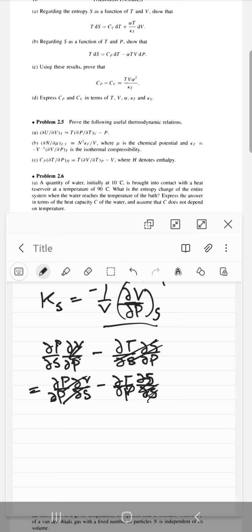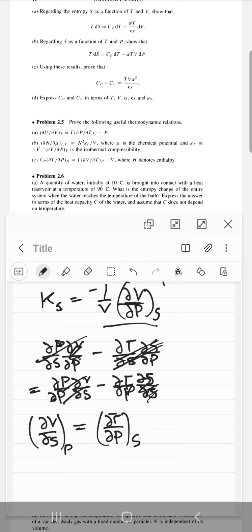It's with respect to S and P, right? Okay, cool. Why does this look so weird? Oh, this term is gone, this term is gone. So these two remain. So you just get partial V by partial S equal to partial T by partial P, once again at constant pressure, at constant entropy.